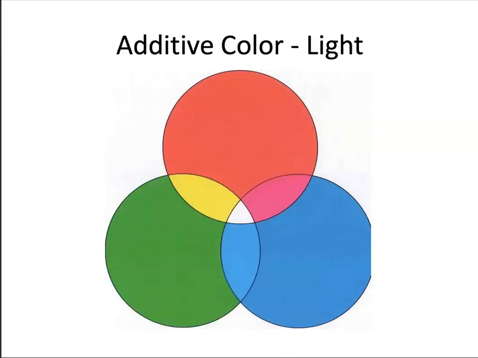The additive method is as if we are working with a computer or some kind of light source, maybe televisions and things like that. And this begins with a black and ends with a white. And as more color is added, the results get lighter.